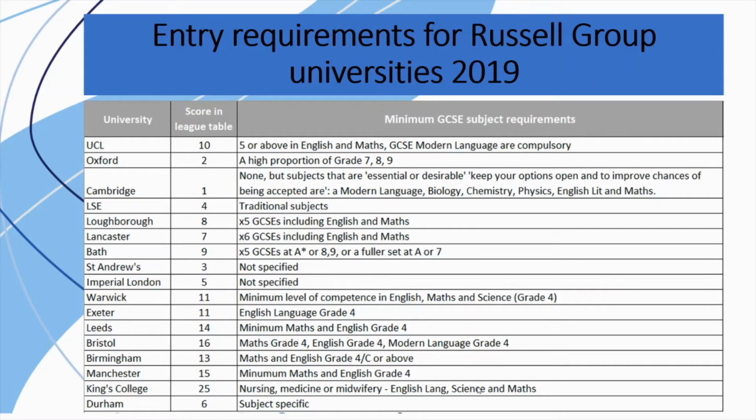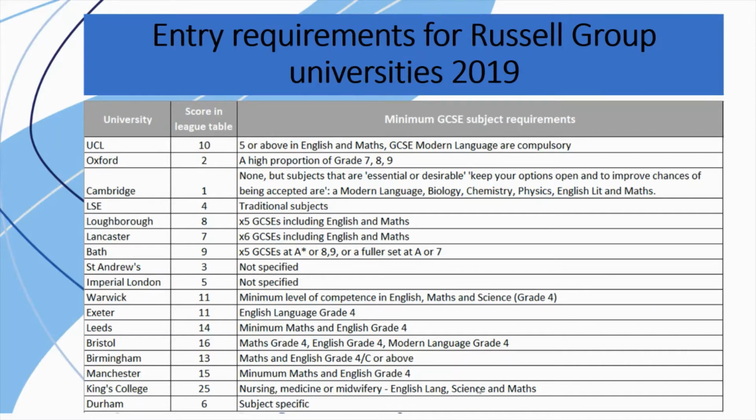We want to let you know that we've done quite extensive research in terms of university entry requirements, just to reassure you that those 8 or 9 qualifications are sufficient to help your child to move on to further education.